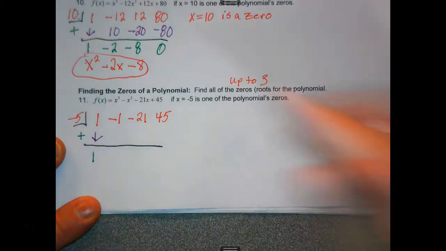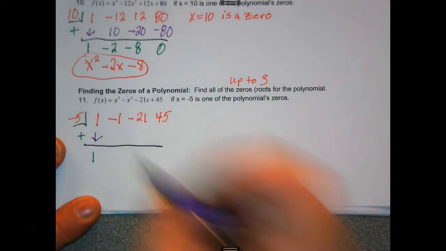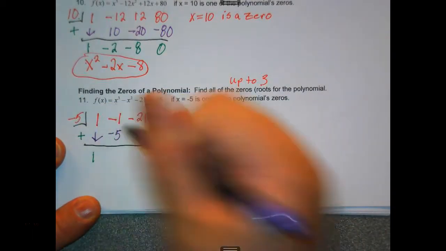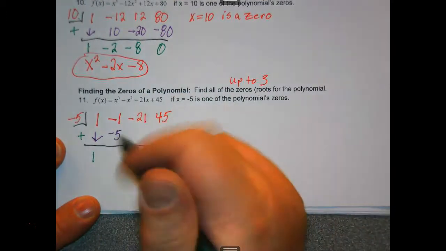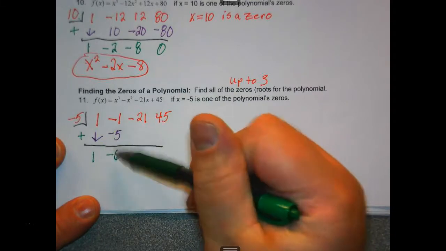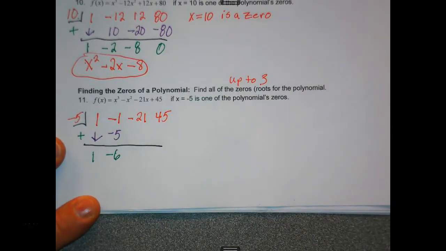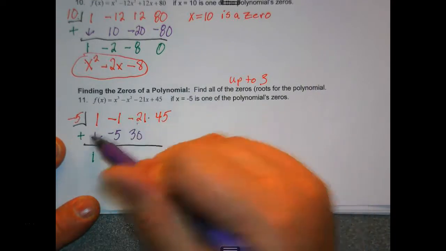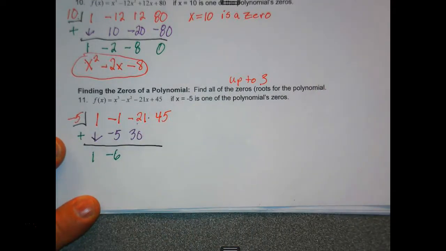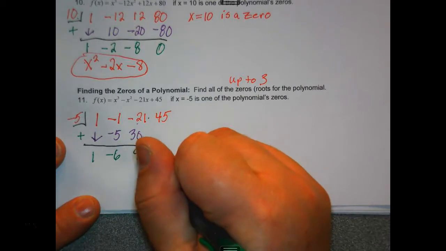1 times -5, -5. -1 plus -5, -6. -6 times -5. -21 plus 30. 9 times -5.